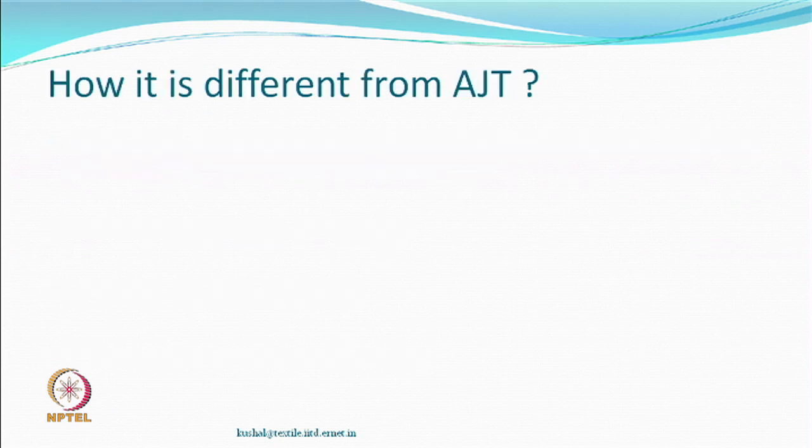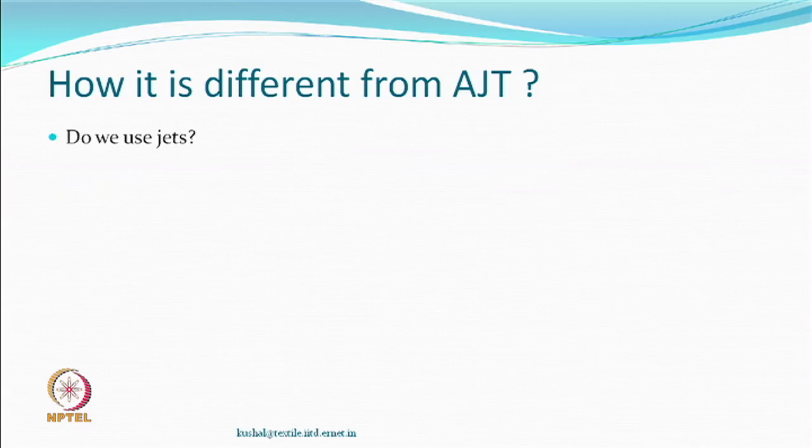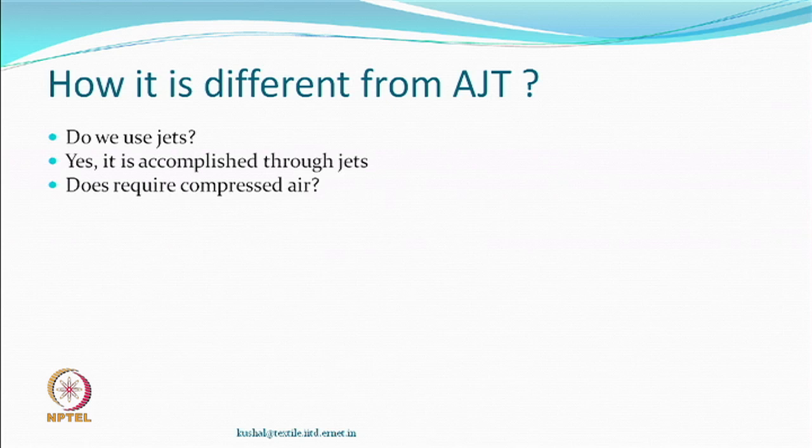So, we did mention that if you are working on edge texturing, entanglement was one of the parts of the texturing process itself. So, how is it different from edge texturing? Do we use jets? Yes, we use jets. This process of interlacement is accomplished through jets. Do we need compressed air?